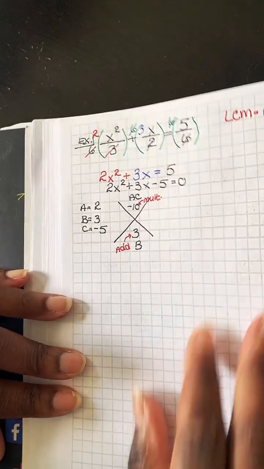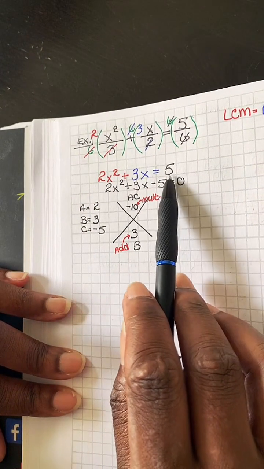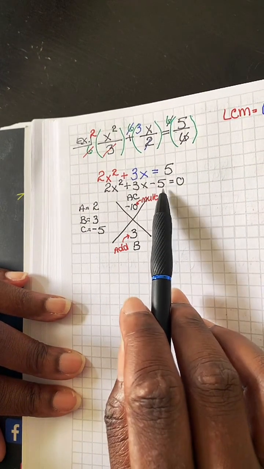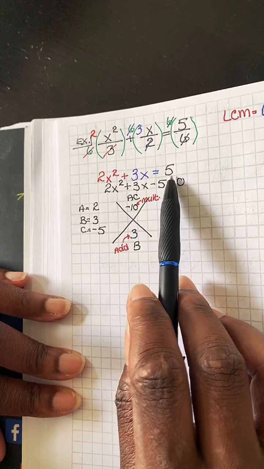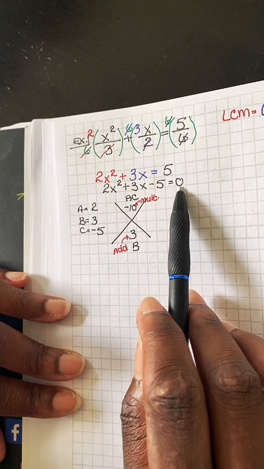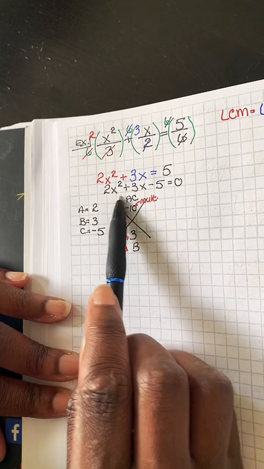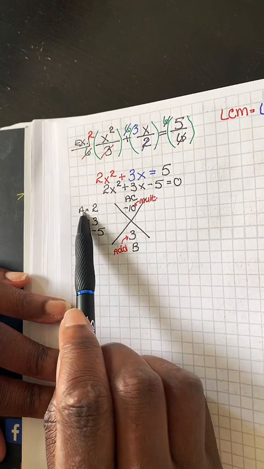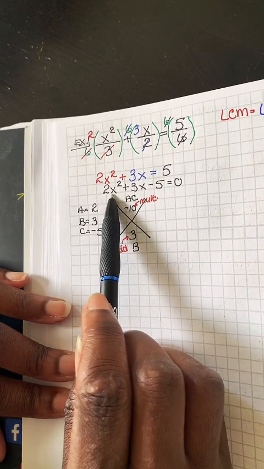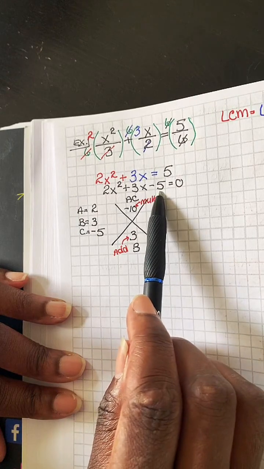Okay, so here we go. We got to factor it. That means my equation is not going to equal 5, it's going to equal 0. So we're going to subtract the 5 on both sides so we can have our equation equal to 0. Now, this is in standard form. The A is in front of your x squared, your B is in front of your x, and your C is your constant.